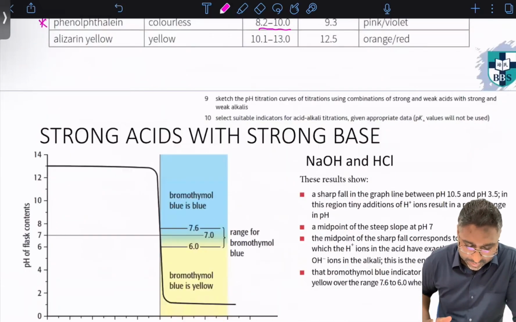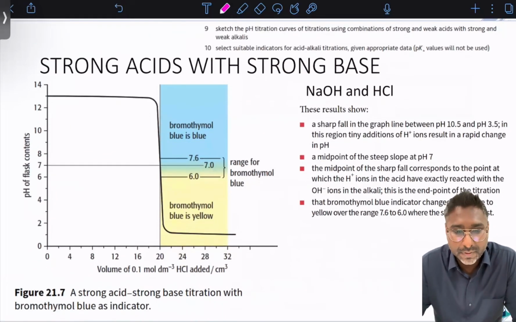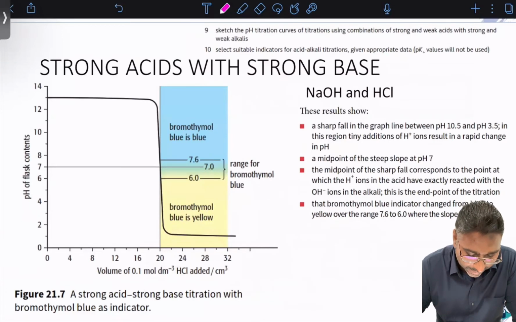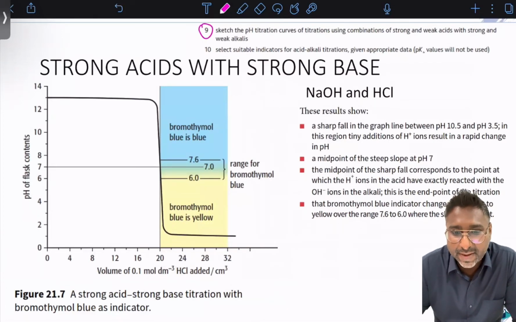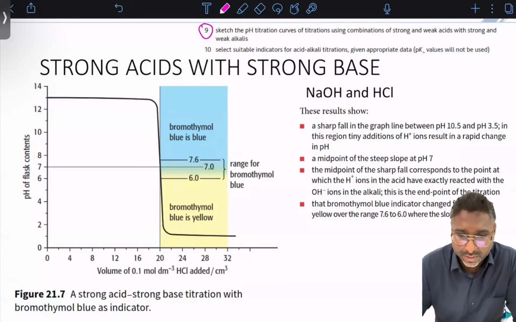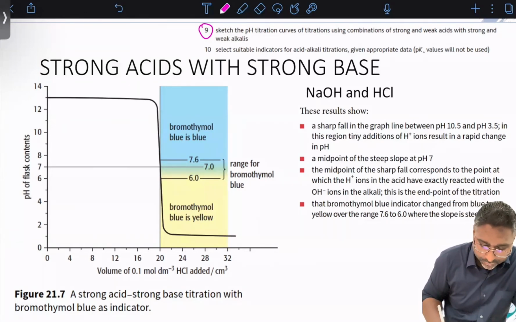Now let's look at drawing graphs, because this is under syllabus 9: sketch the pH titration curve of titration using combinations of strong and weak acid and base, and select a suitable indicator. Previously, whatever information we learned comes down to this. Let's say I have sodium hydroxide and HCl.